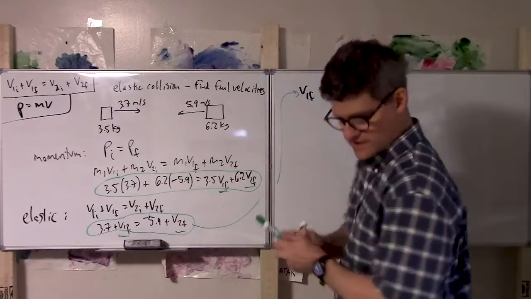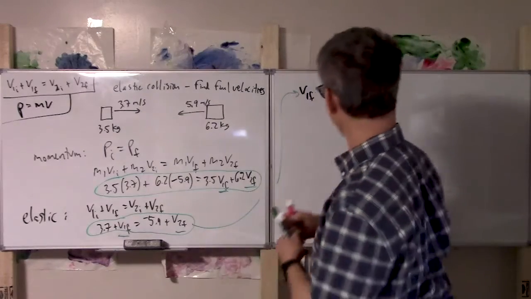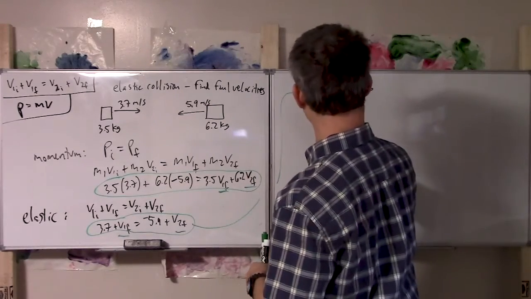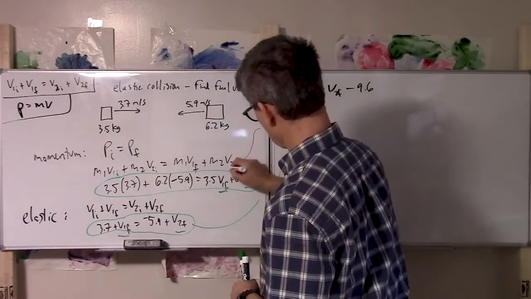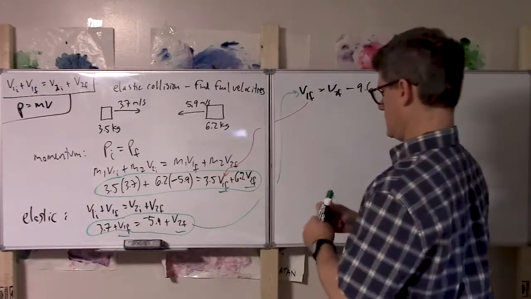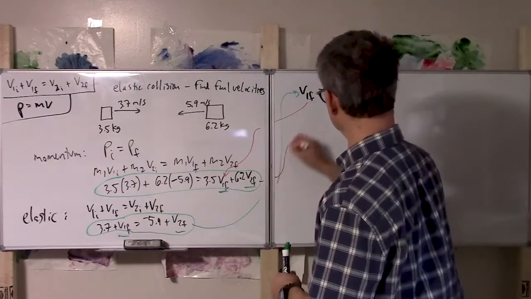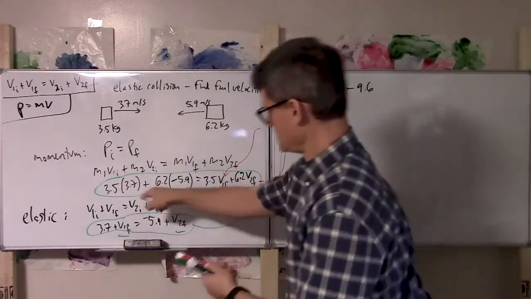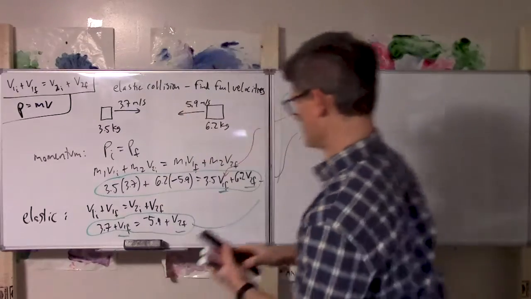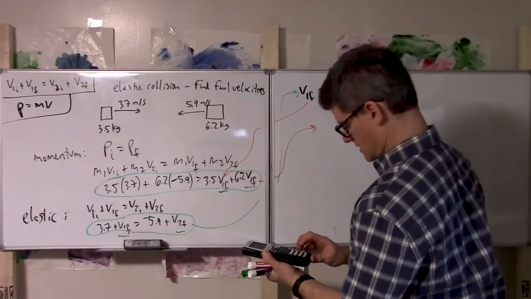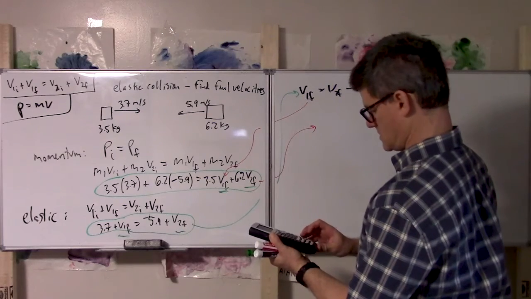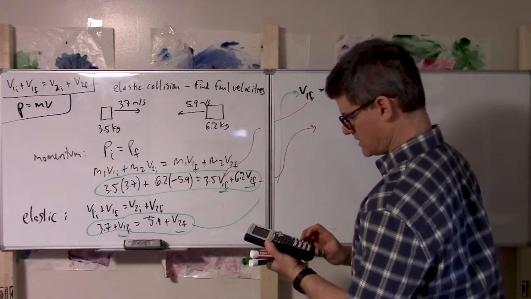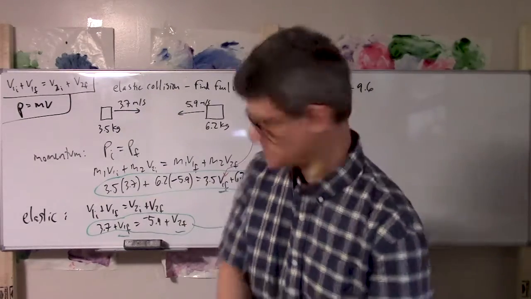All right, so then I'm going to take that and plug it in here. So this equation becomes, let me calculate the whole left side: 3.5 times 3.7 minus 6.2 times 5.9 is negative 23.63.